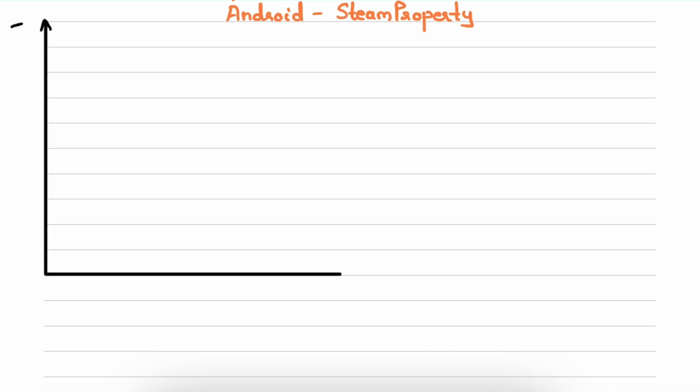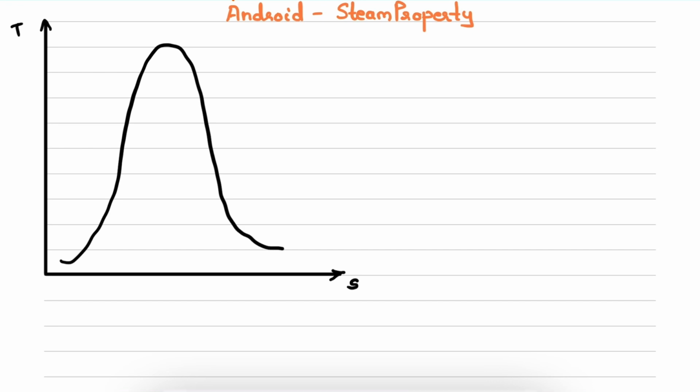To begin with, I'll draw the TS diagram for water, temperature versus entropy. This is the vapor dome.